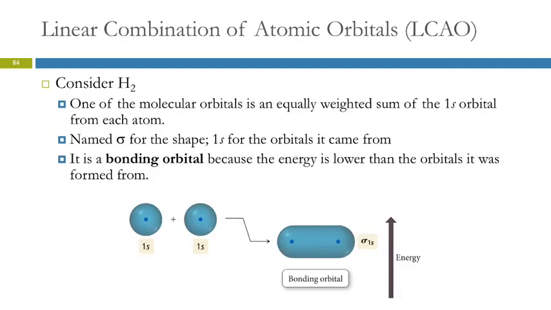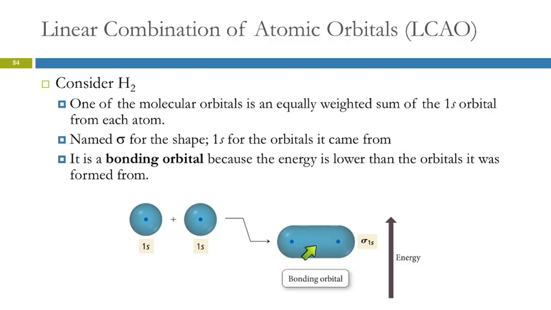So let's look at hydrogen. Always good to start with the simple molecules. So H2. So we're going to look at molecular orbital by combining these two 1s orbitals from each atom. So when we combine these two, we can get this sort of a shape.